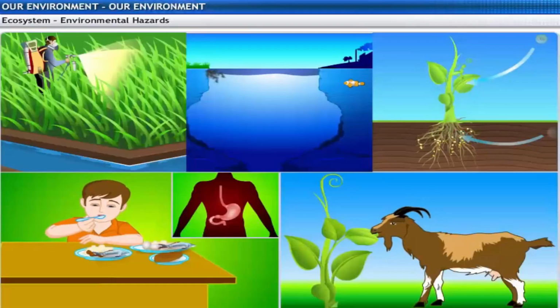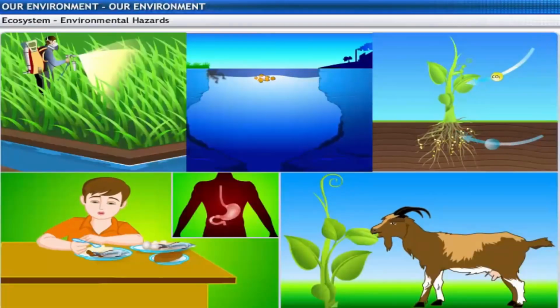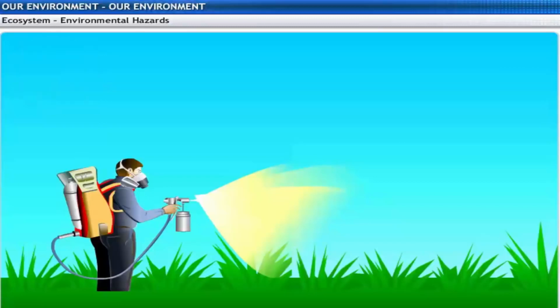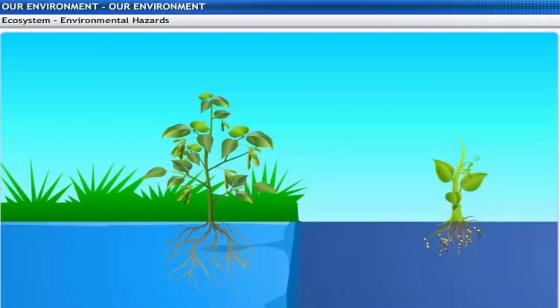Did you know that harmful chemicals can unknowingly enter your body through the food chain? Oh. One of the reasons is the use of several pesticides and other chemicals to protect crops from diseases and pests.